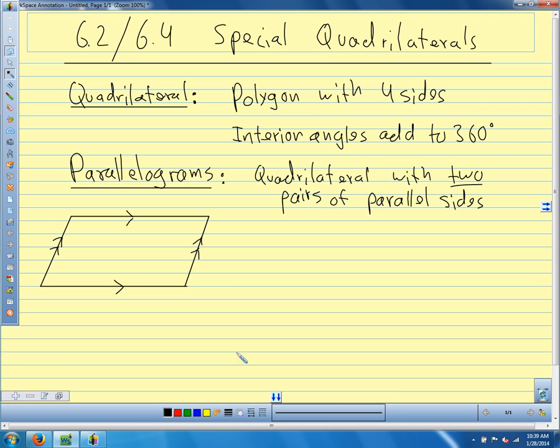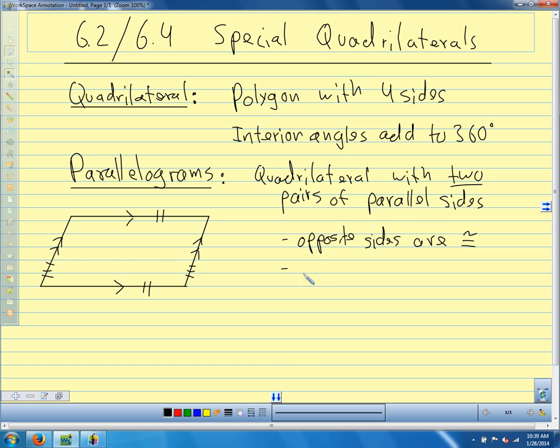A lot of other things happen when we know we have a parallelogram. Opposite sides are congruent. So these 2 sides are parallel, they are also congruent. These 2 sides are parallel, they are also congruent. So if you wanted to add your congruent marks on there, you could. Opposite sides are parallel and congruent.